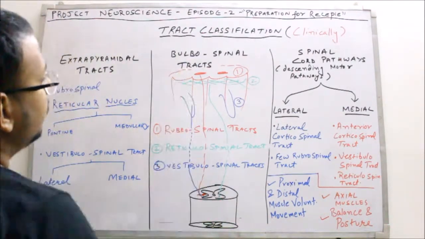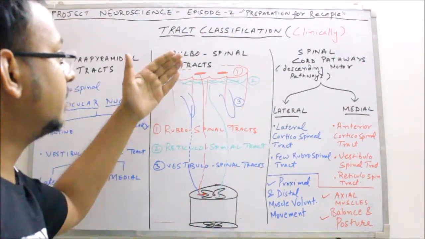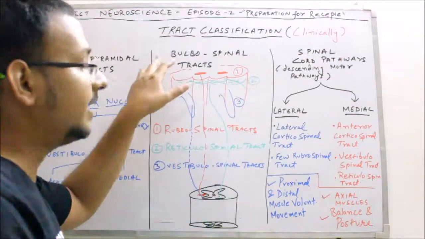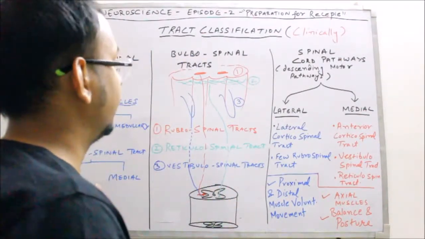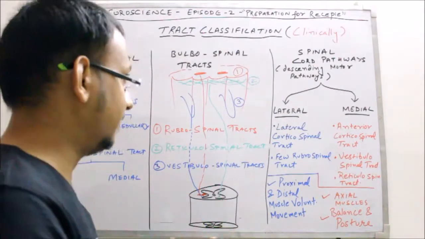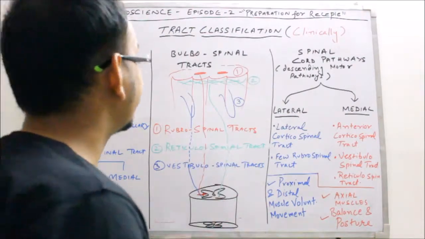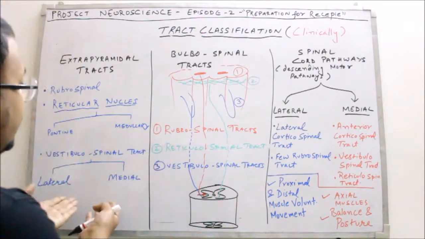Now second is the bulbospinal tract pathway. What does bulbospinal mean? Bulbo means the medullary area in the brainstem, so take it as the brainstem and the spinal, that is, from the brainstem to the spinal tracts, right? This is not a very conventional classification, but we are studying it here for the clinical aspects. Bulbospinal tracts are classified into three, and again they will be mixed.